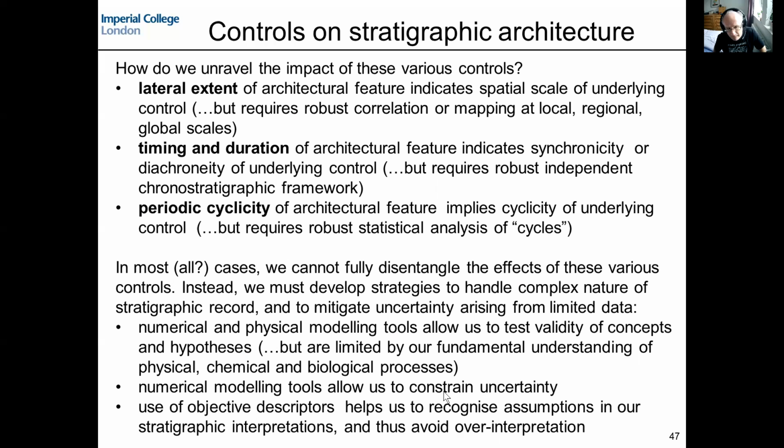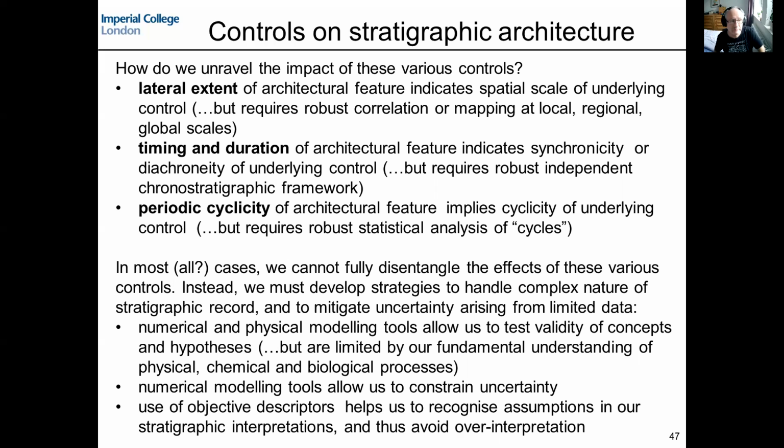That can also be helpful in allowing us to constrain uncertainty. We can run multiple different models and we get a sense about how different or how similar the results are. And that again helps us to constrain uncertainty as we fill in space in our interpretations in areas that lack data.